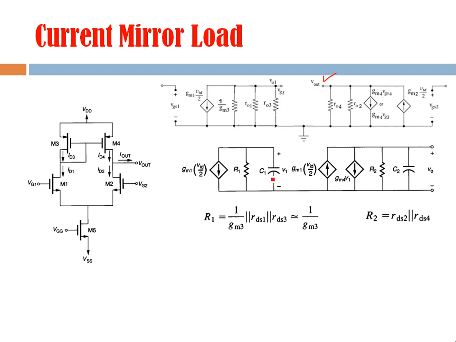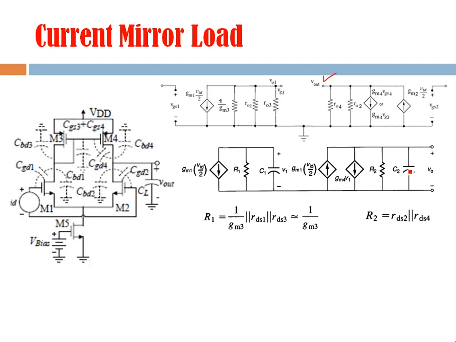Now if we talk about C1 and C2, all the capacitive components which are connected here, you can see yourself, and you are smart enough, you already know how we have included these capacitive components here. In the earlier circuit also you have seen it. So we can write this expression for C1.